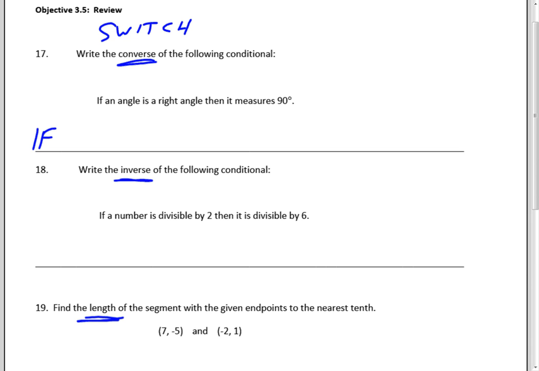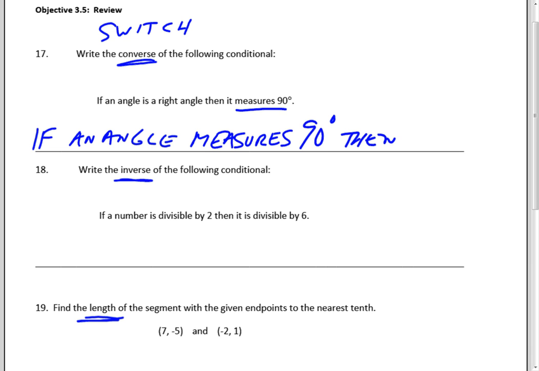So I'm going to keep an angle at the beginning. I'm really only moving the measures part. I'm going to keep the word it in the conclusion part. It is a right angle.